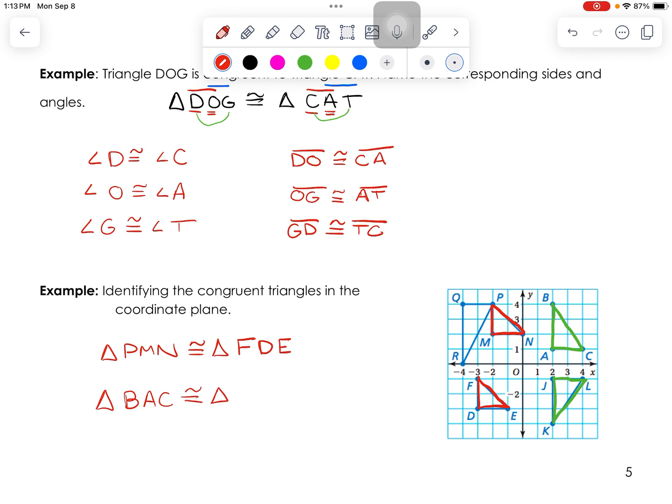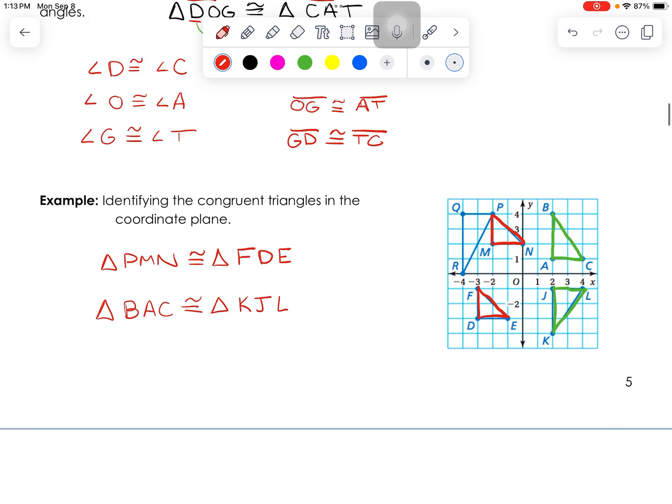Again, here I want to match the letters. So I can see B should correspond with K. So it's going to go K. A is where the right angle is formed. So that's at J. And then the last would be L. Making sure we're paying attention to the order.